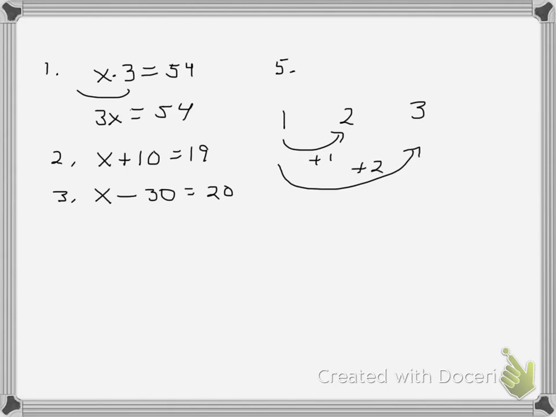So if instead of 1 I have x, the relationship between that and the next one is x plus 1, and the relationship between the original, the x in this case, and the one next over would be x plus 2.